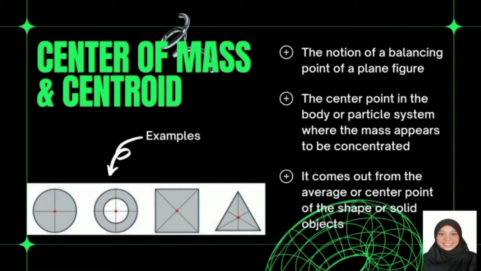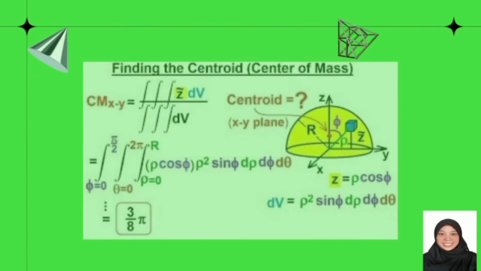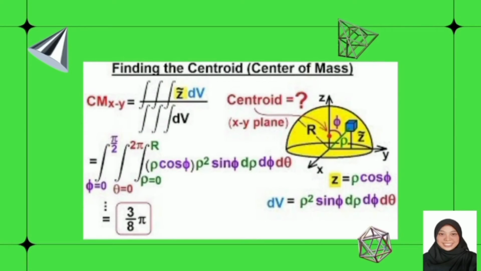For example, in the figure, there is a red dot in the middle of the shapes. It is the centroid of the shapes. This is the triple integrals of centroid or center of mass.